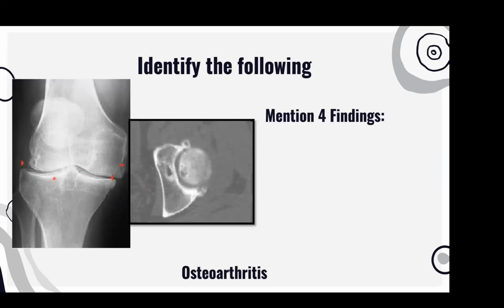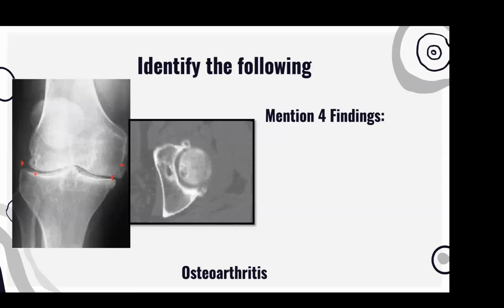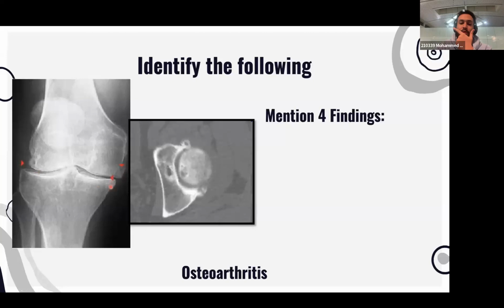Osteosclerosis. Okay. Is the joint space affected? Yeah, it's narrow. Good. What are these? Osteophytes, good. Now, what's this one in this image? Because it's more clear in this image.